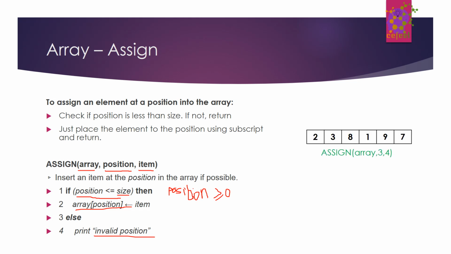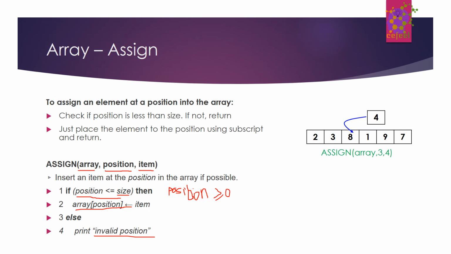So here is a pictorial representation of the same. Let's say we have this 6 element array, so size is 6, and we are calling the assign operation with 3, which means at the third position, and we want to assign the element 4. So we first check the position, which is 3, is less than the size, which is 6.